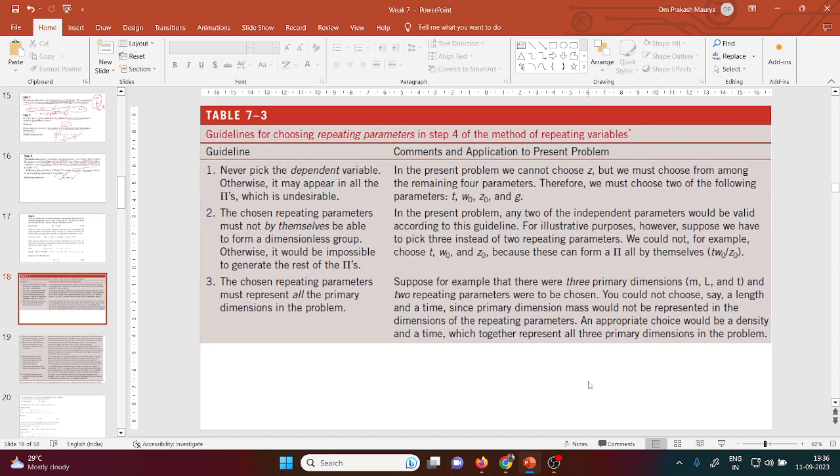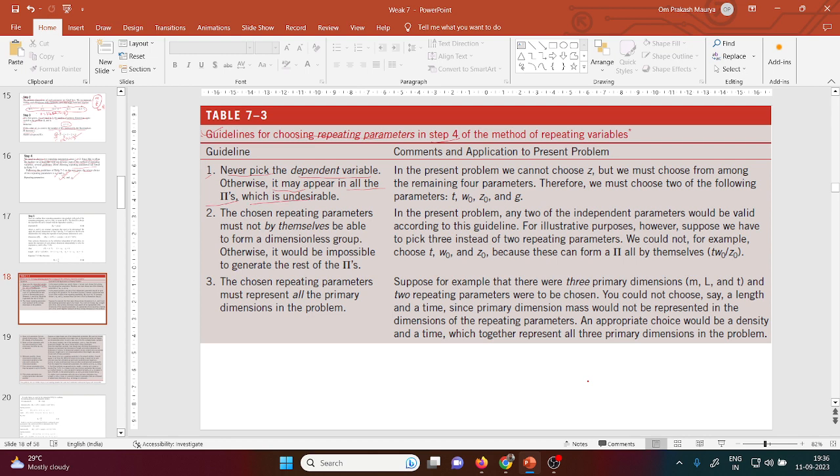Let us read the guidelines, because they are very important. Anyway, you will get the concept, but the guidelines are also important. Guidelines for choosing the repeating parameters, step 4. First, never pick the dependent variable, otherwise it may appear in all the pis, which is undesirable.